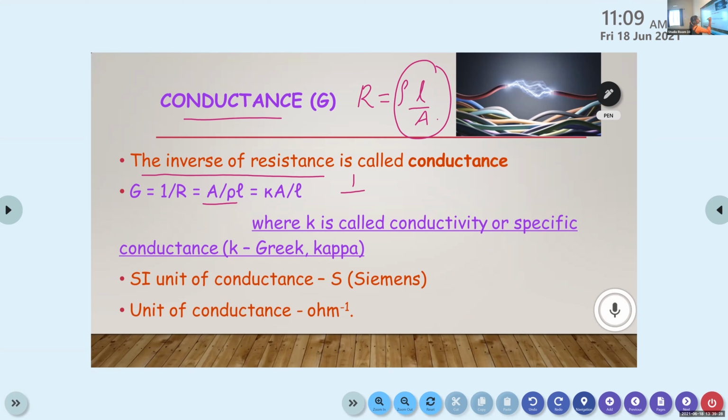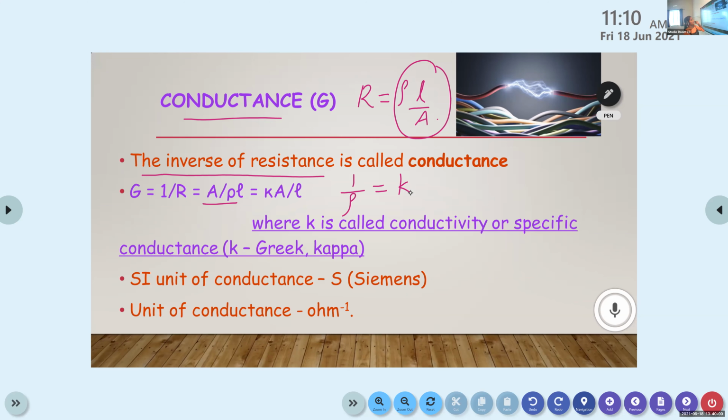Instead of this 1 by rho, we are substituting another term, that is K. It's known as conductivity or specific conductance. So we learned about resistance, the force that prevents the electric flow, and conductance is just the inverse of resistance.